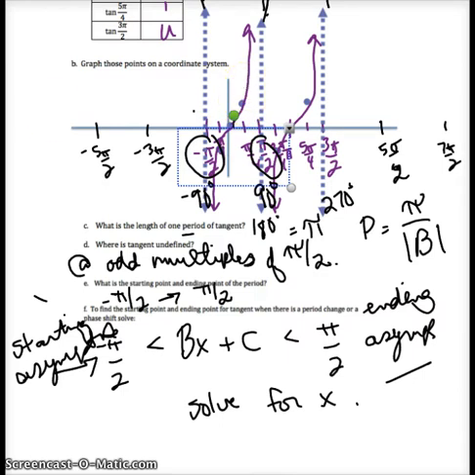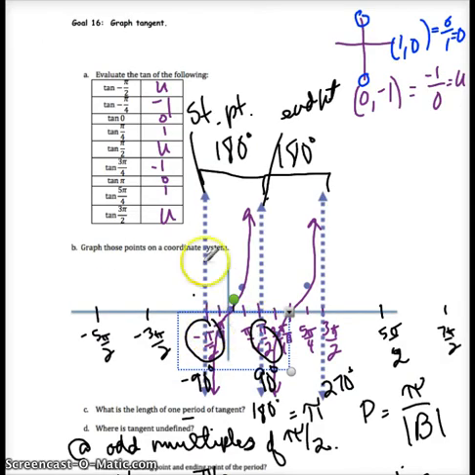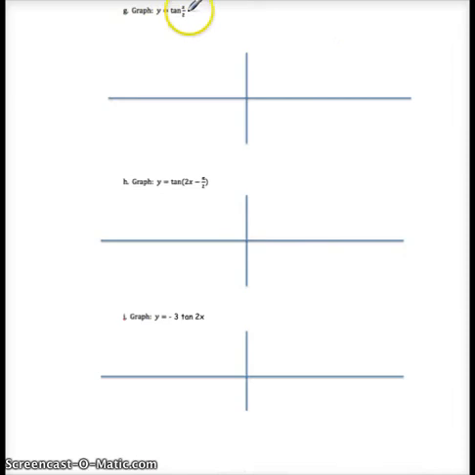Let's try an example. Example G. I noticed that the equation y equals the tangent of x over 2 causes a period change because b is some other value than 1. So let's figure out the new asymptotes. If the period changes, the asymptotes will stretch further apart or shrink closer together. Remember, we said that tan's asymptotes are at negative and positive pi over 2. So let's put x divided by 2 between negative pi over 2 and positive pi over 2.